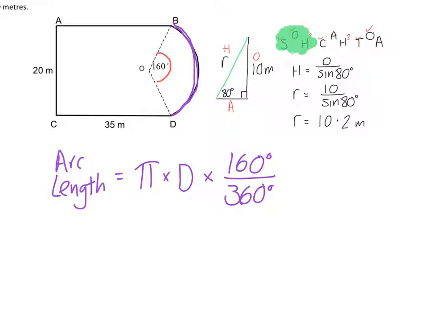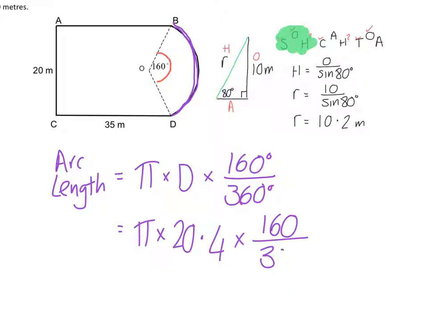Now, we don't know the diameter, but what we worked out in part A was the radius of the sector, which was 10.2, which means that the diameter will be 20.4. So that's pi times 20.4 multiplied by 160 over 360 degrees.